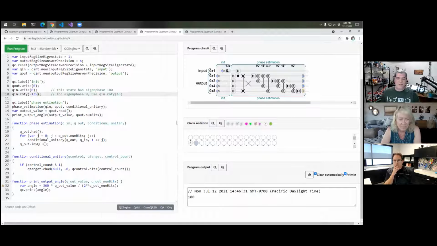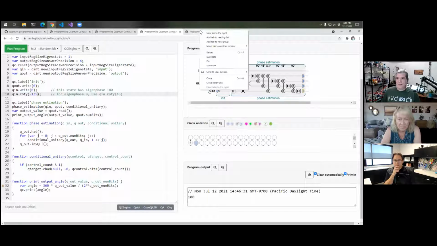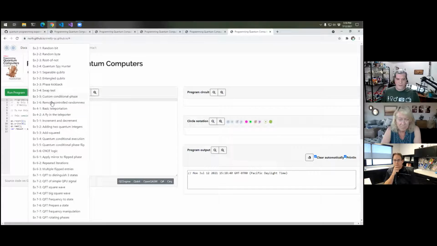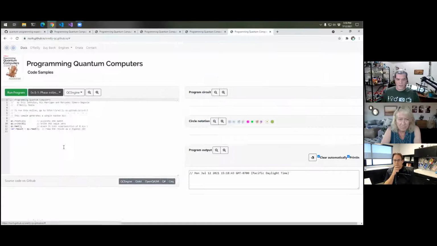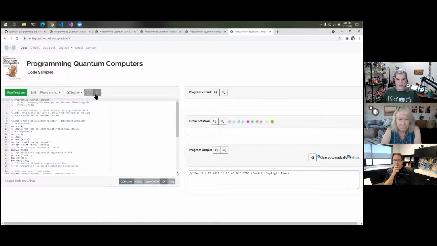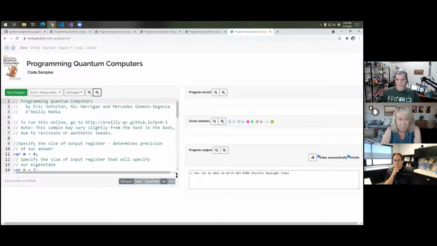And for this example, this is from the 8-1 example, but I'm not using the one in the book. I'm using the awesome one that Lynn did instead. And the reason is, let me just open up that one real quick just to show why this one is more interesting for me to read.